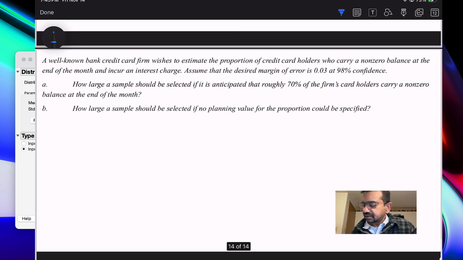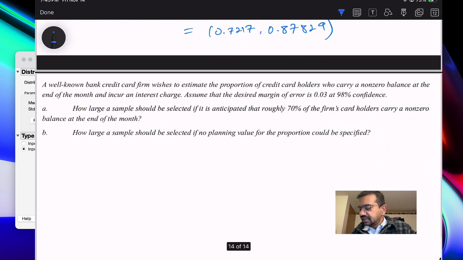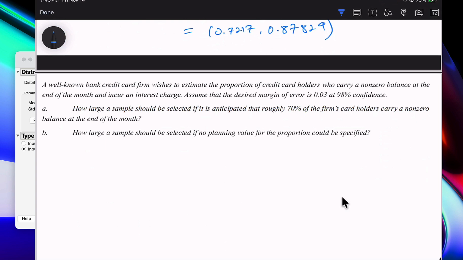Now let's consider the problem of determining the sample size that will give us a desired margin of error. So let's say we want to conduct a survey, and the desired margin of error is 0.03 of the population proportion, and the survey has to be at a 98% confidence level.